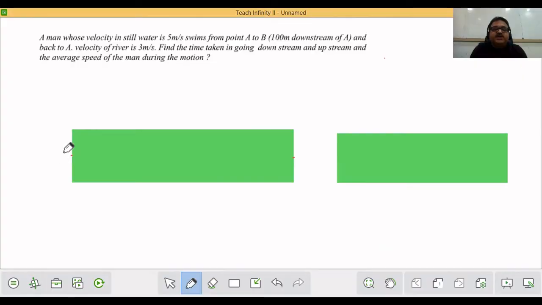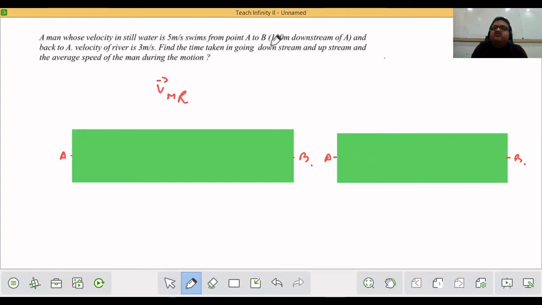Suppose this is point A and this is point B. A man whose velocity in still water is 5 meters per second. That means the velocity of the man in still water, meaning with respect to the river, is 5 meters per second.